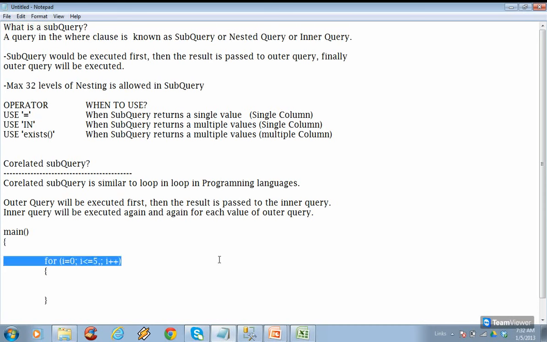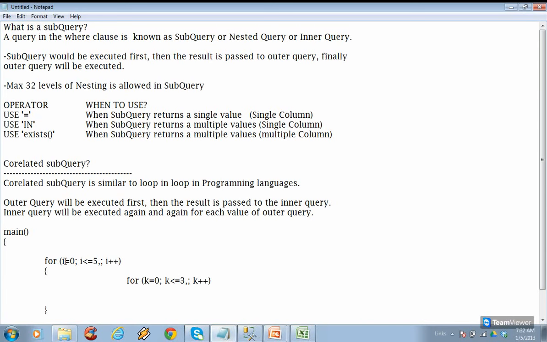But inside that, I'll put one more loop, with k running 3 times, k plus plus.